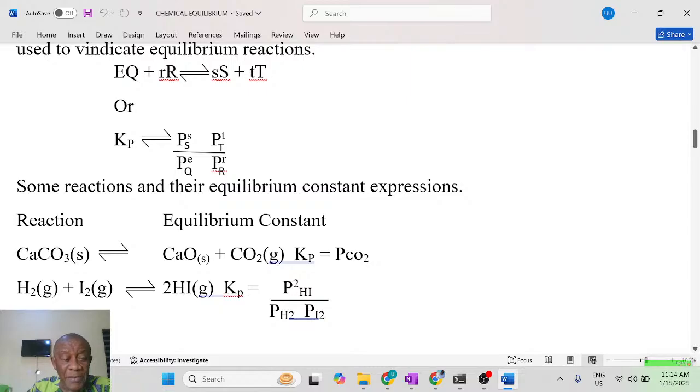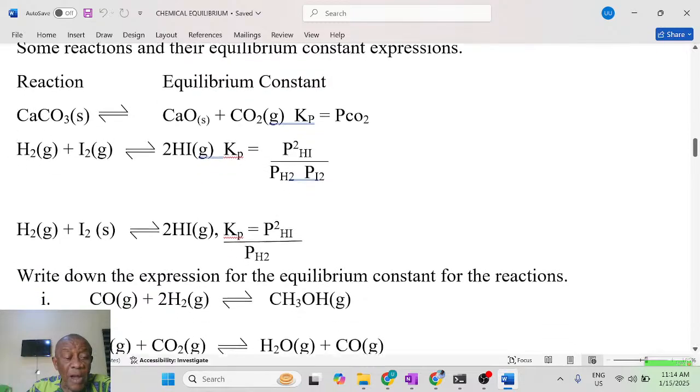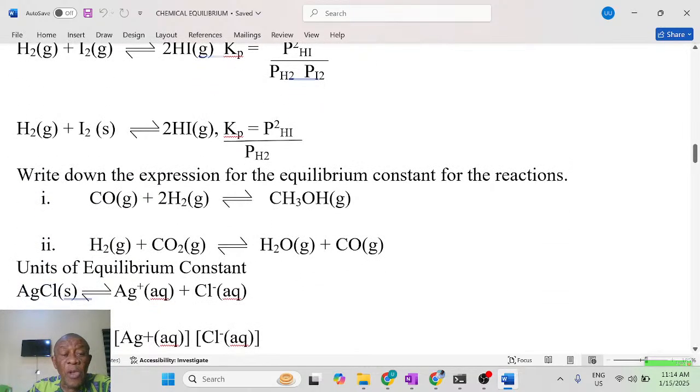Then if we have H2 plus I2 giving 2HI, hydrogen iodide, then we have that Kp equals P squared HI all over PH2 times PI2. Then we can write down the expression for the equilibrium constant for the reaction.